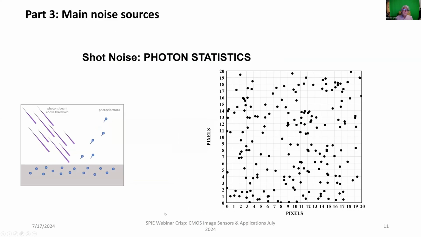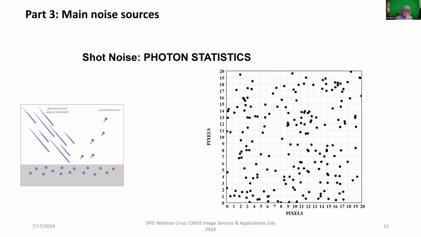Okay, so the next thing I want to talk about is noise. That's a big deal when it comes to image quality. And so the first and maybe most basic noise that we need to understand is shot noise. And these are essentially photon statistics.